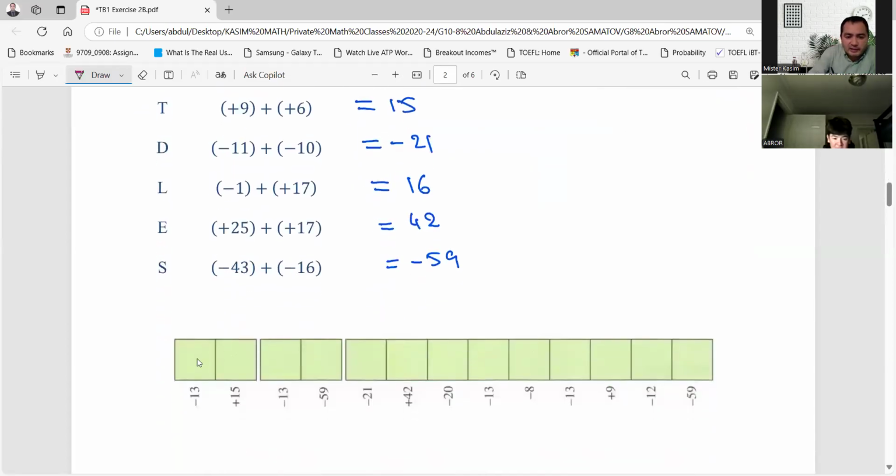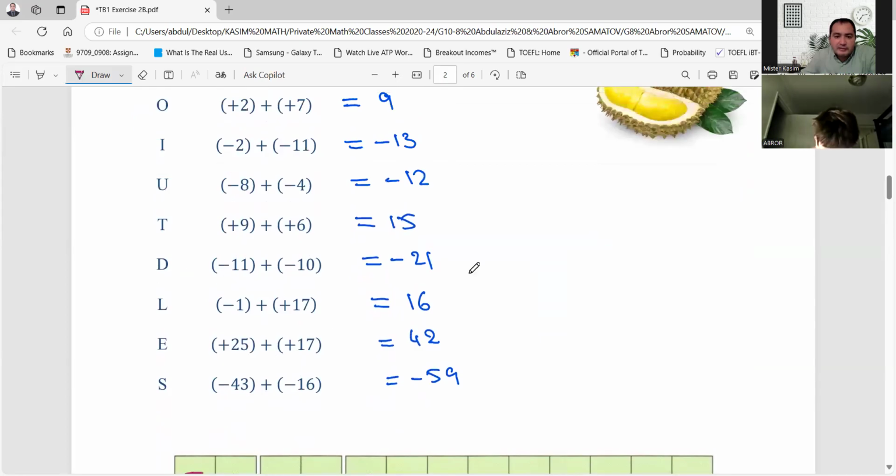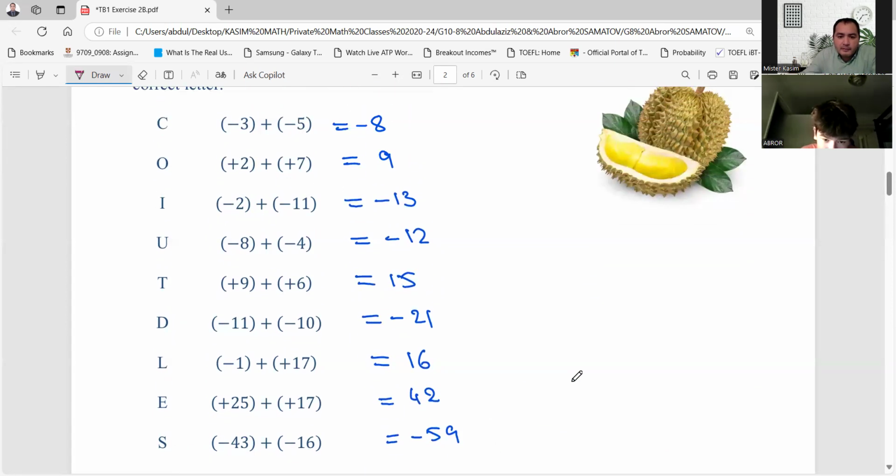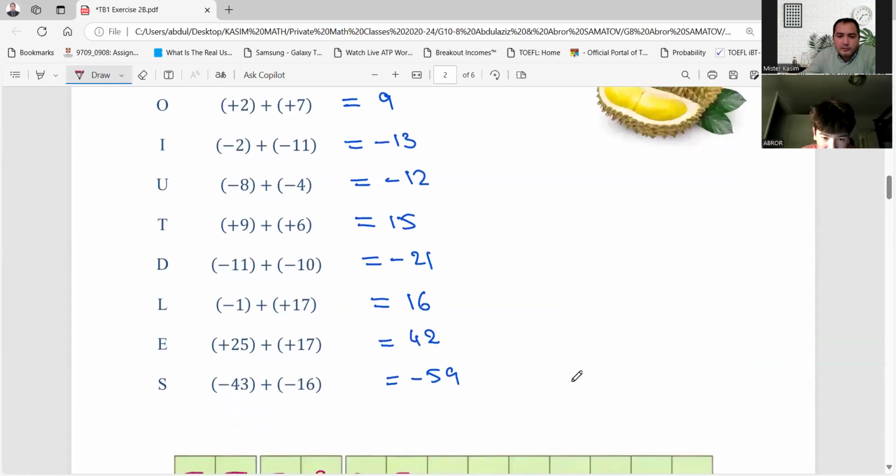Okay, that is I. And how about positive 15? T. Okay. And negative 13, again, it is I. And negative 59, it is S, right? Negative 21, it is D, right? And 42, E. And negative 20, we don't have.